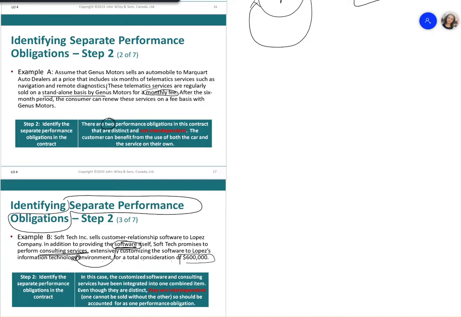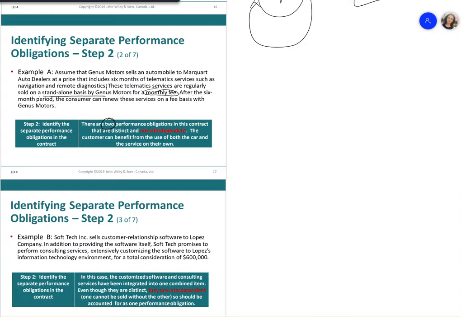In this case, the customized software and consulting services have been integrated into one combination. Even though they're distinct, they are interdependent. One cannot be sold without the other. Just like the latte, which comes with milk and coffee.